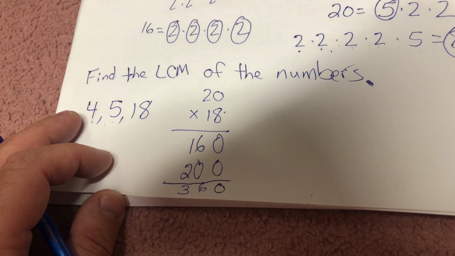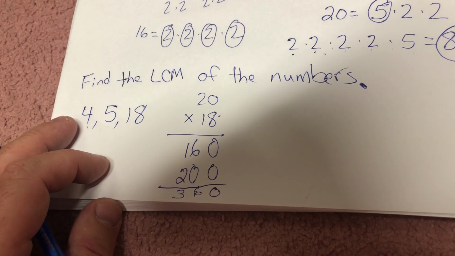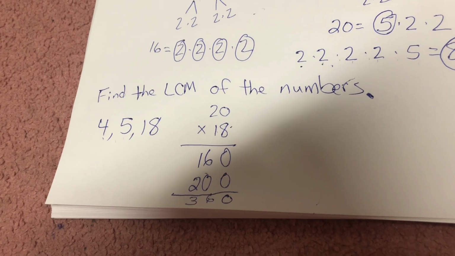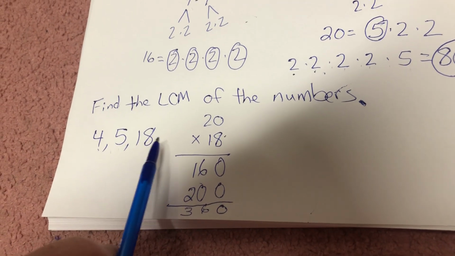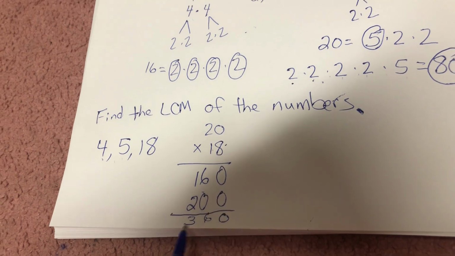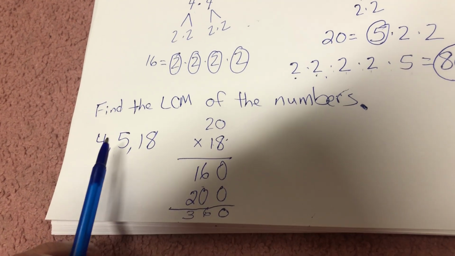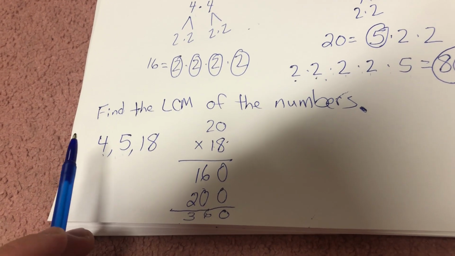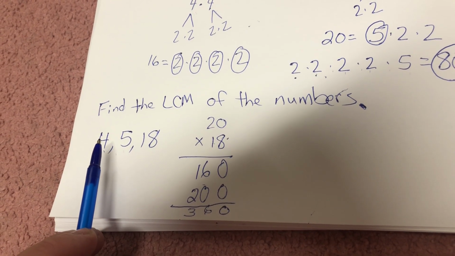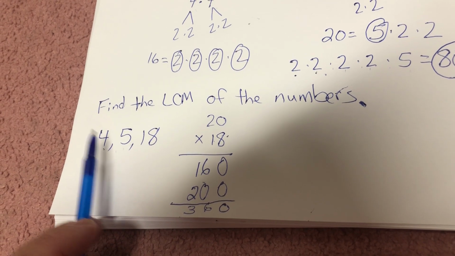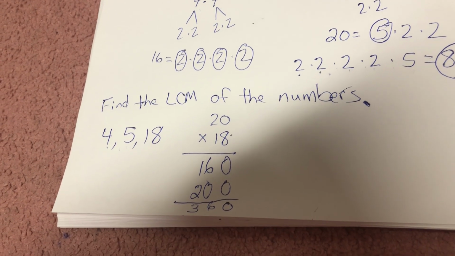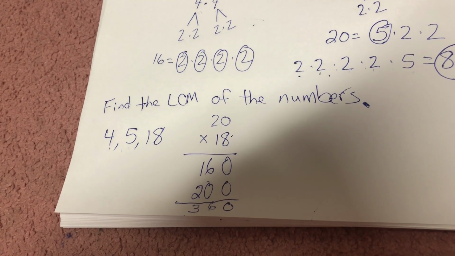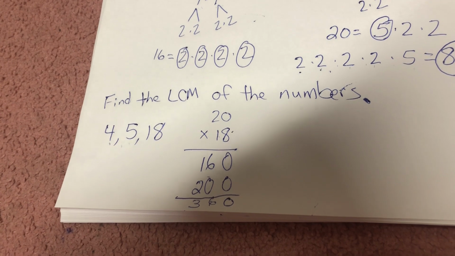So I'm thinking, well, okay, that may not be the way that I want to do that. Because what I could do is start listing the multiples of 18 out to 360, then listing the multiples of 5 all the way out to 360, and then listing the multiples of 4 all the way out to 360. And that just sounds like a lot of multiples. All right, I really don't want to have to do that.